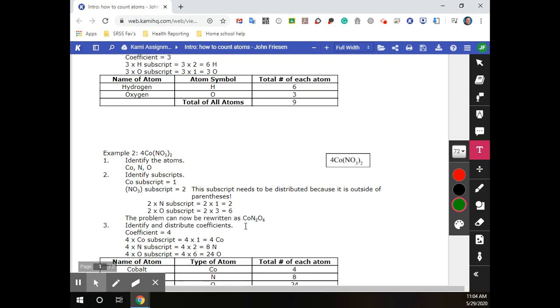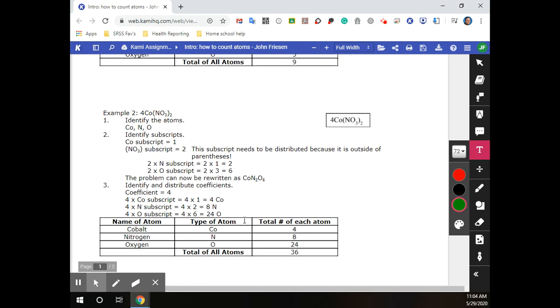Here's another example, and this one contains the parentheses, or brackets, that I was talking about, and how that's going to work. First we have to identify the atoms that are present. Co, or cobalt, is the first one.